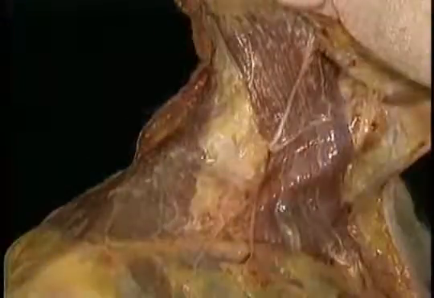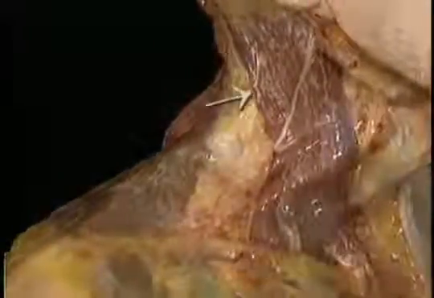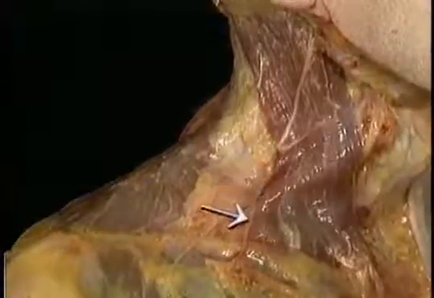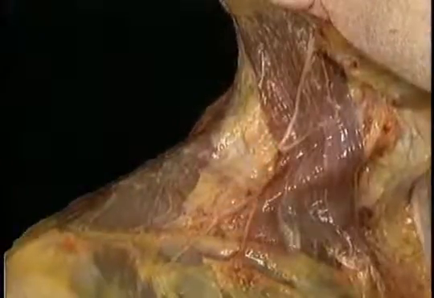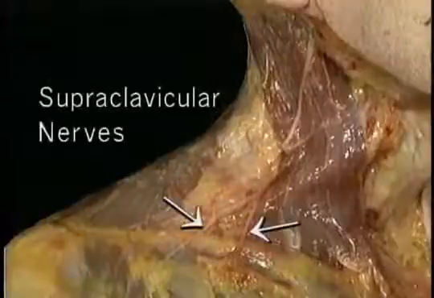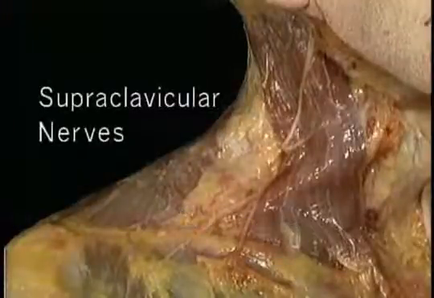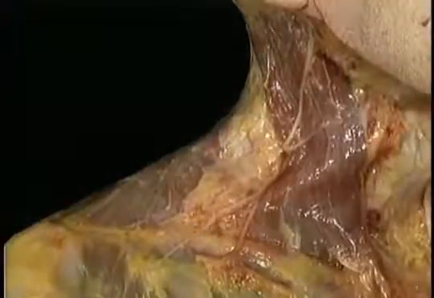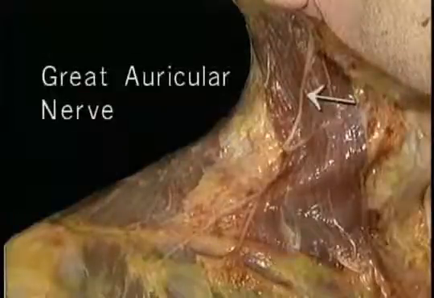Many of the branches of the cervical plexus emerge here, around the posterior border of the sternocleidomastoid muscle. These are the supraclavicular nerves, which pass downward and laterally to supply the upper chest and shoulder region. This is the great auricular nerve, which supplies this area on the side of the face.